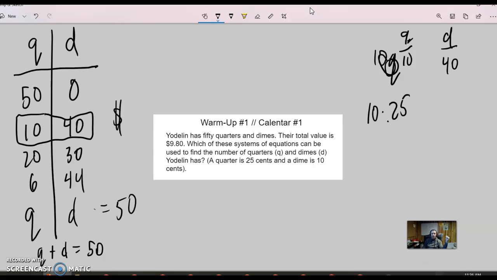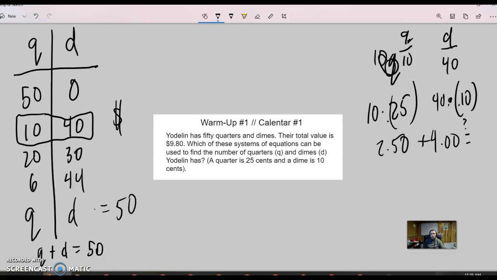That would be 40 times 0.10. I'm just going to put these in brackets so you can see I'm multiplying times quarters, multiplying times dimes, and we'd add those together, right? This would be $2.50. This would be $4. And I want that to equal what? $9.80.